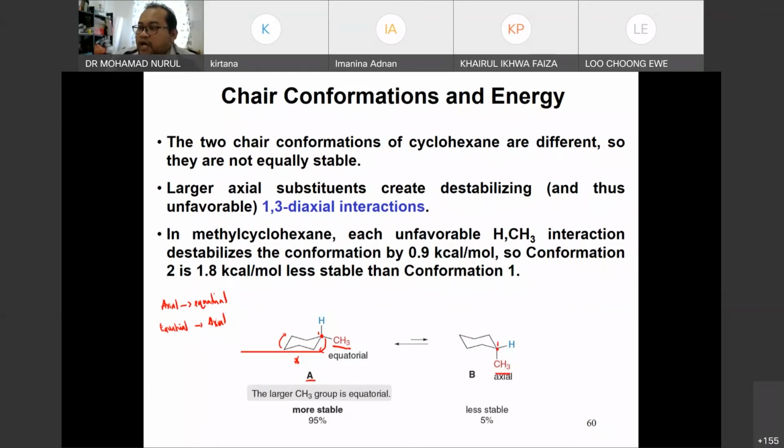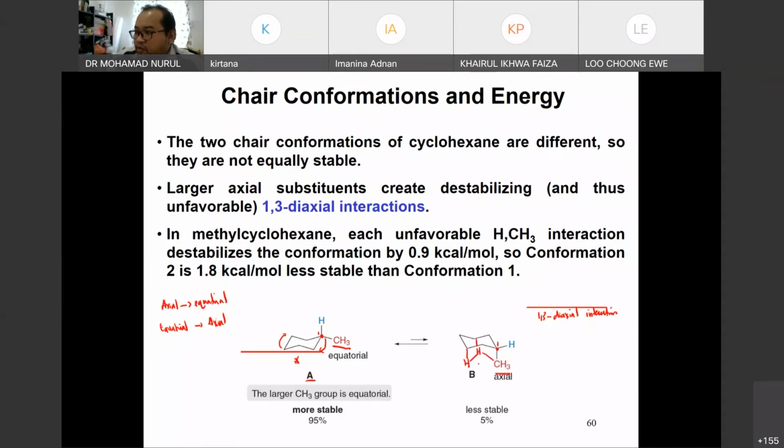Why is conformer A more stable compared to conformer B? Because conformer B has 1,3-diaxial interactions. Again, there is a proton here and a proton here.